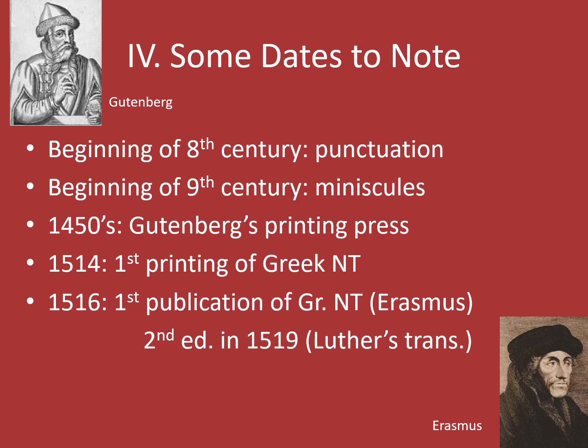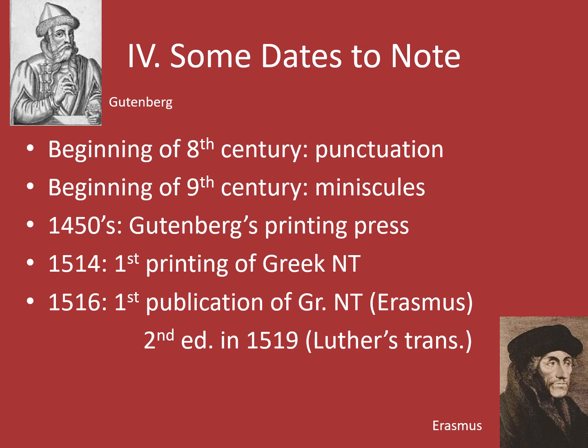Not long later, in 1514, we had the first printing of a Greek New Testament. And 2 years later, we have the first publication of a Greek New Testament by Erasmus, and a second edition of that in 1519, which Luther then used to translate the New Testament into German.